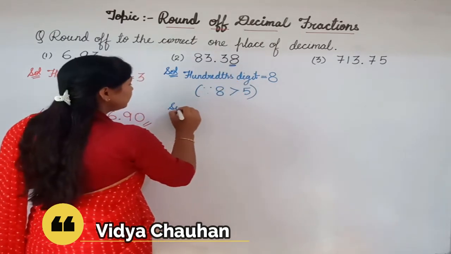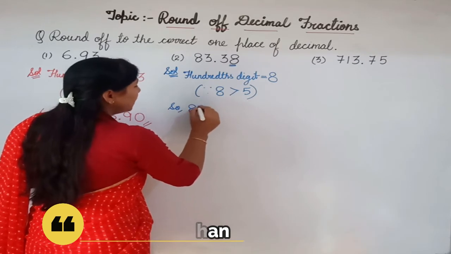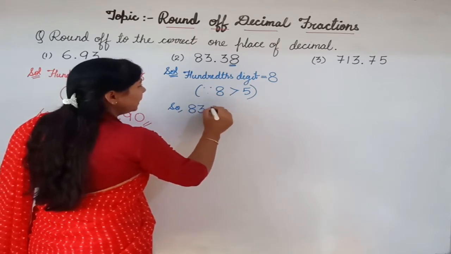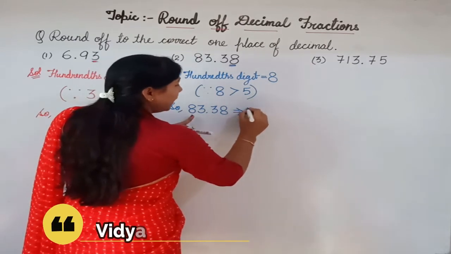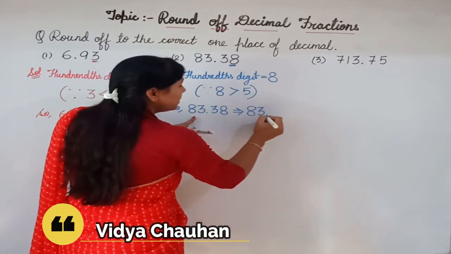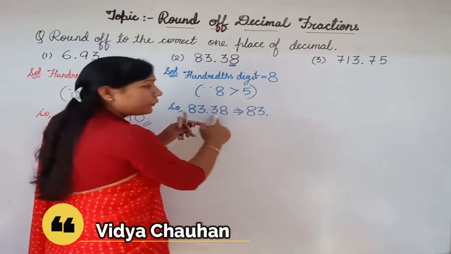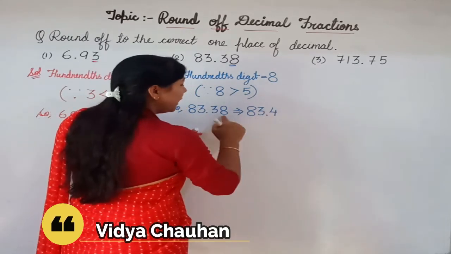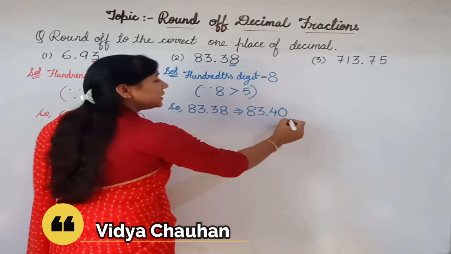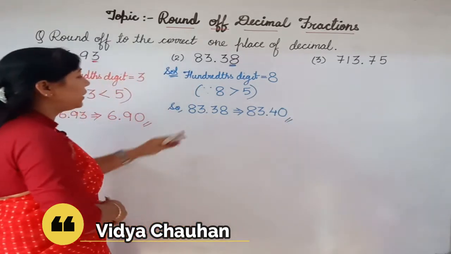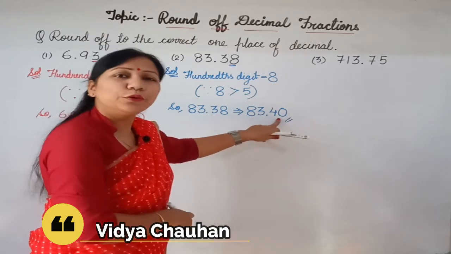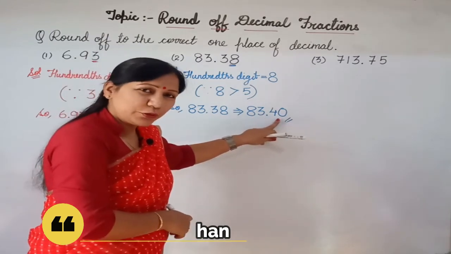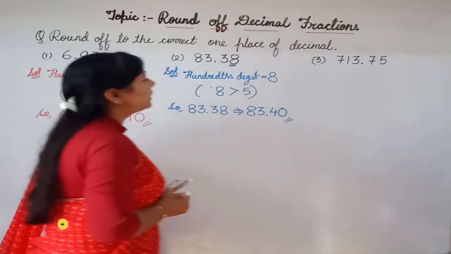So the round off of 83.38 will be 83 point, this 3 will increase by 1 so it becomes 4, and 8 will become 0. So the round off for 83.38 is 83.40. Clear, students?